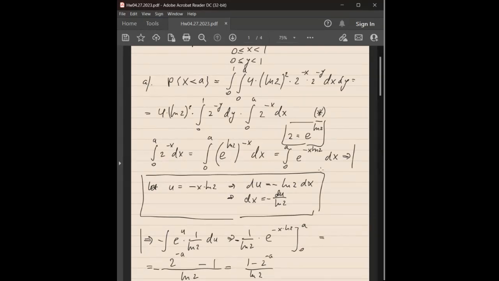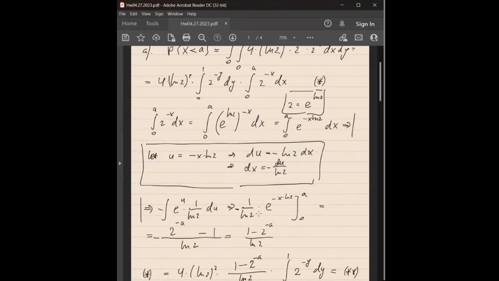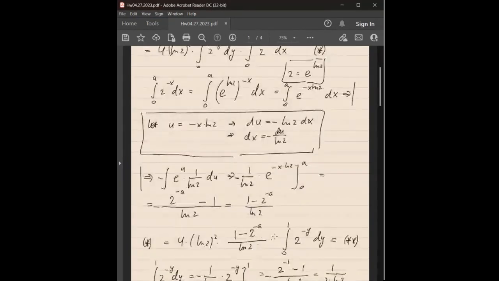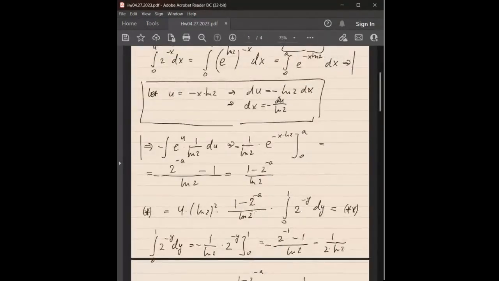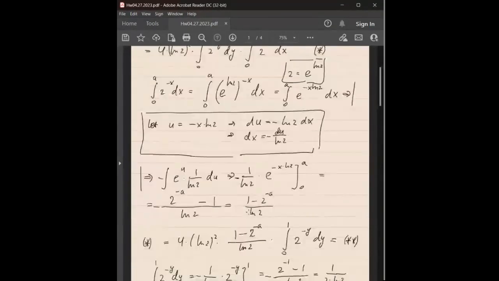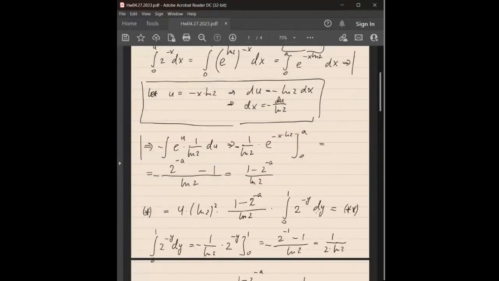and I got this one, 1 minus 2 to the power minus a divided by logarithm 2, ln 2. Okay, so use this result and put this into the beginning formula, and then I integrated by dy.